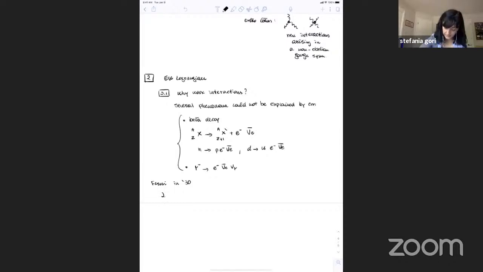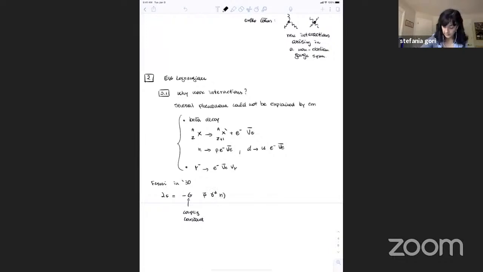So the Fermi Lagrangian, let me call it LF, was of this type, where you have some coupling constant, and then he wrote an interaction term like this, where these are our gamma matrices.